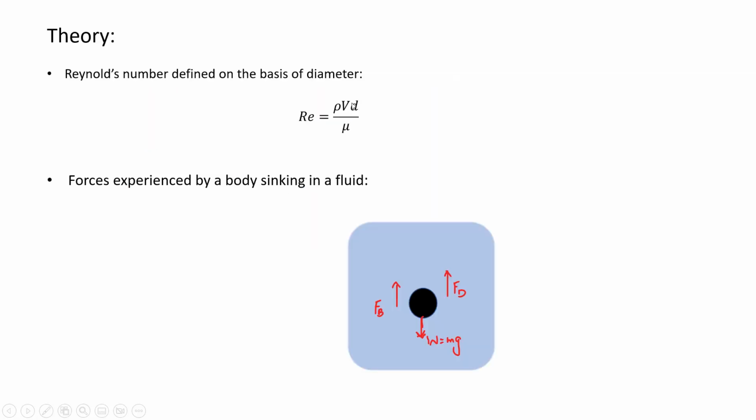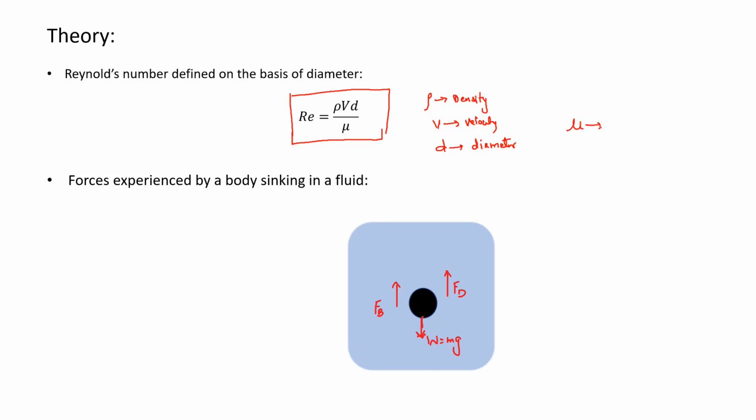First thing we need to know is how a Reynolds number is defined on the basis of the diameter. Here, this expression Re equal to rho v d over mu gives you the Reynolds number on the basis of the diameter, where rho is the density, v is the velocity, and d is the diameter.